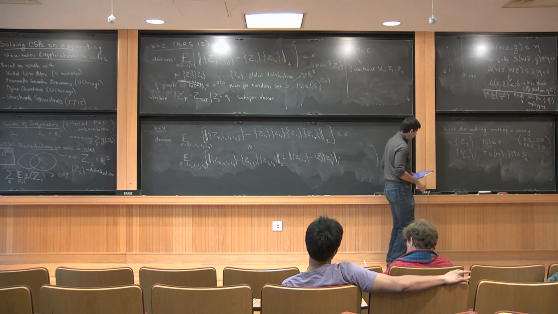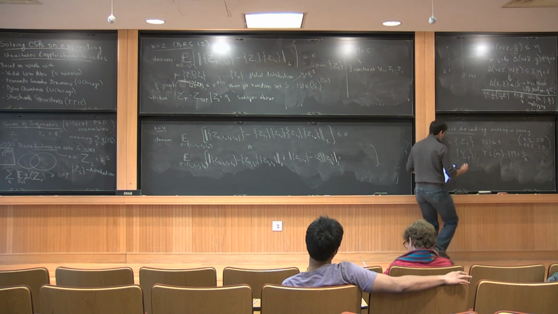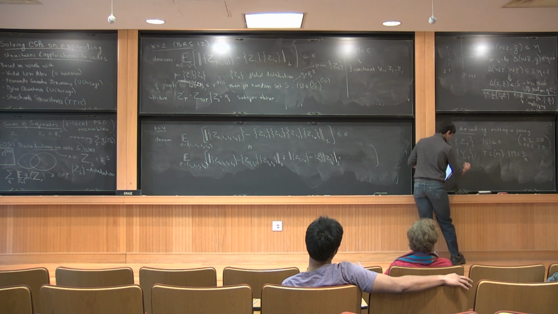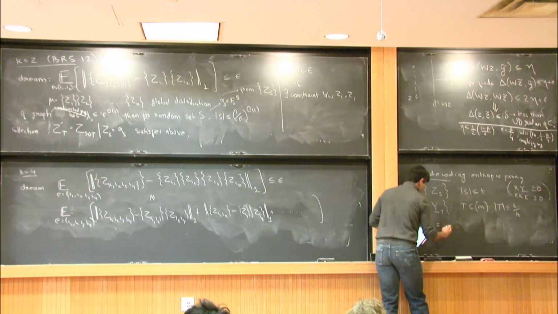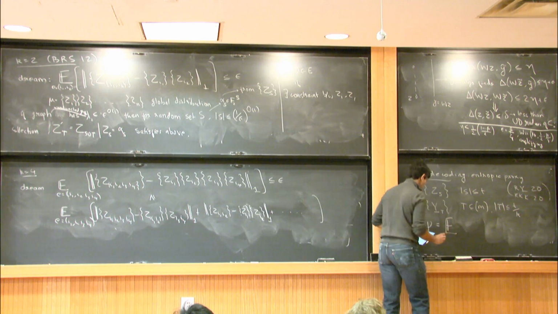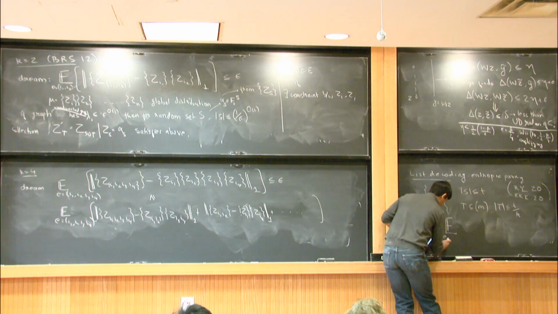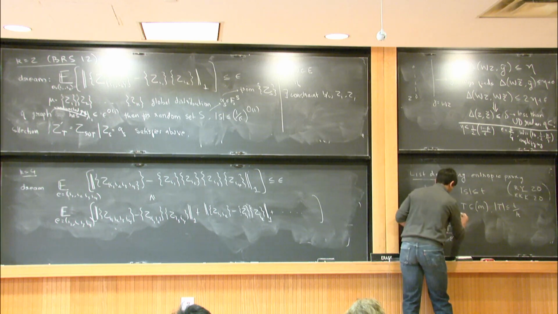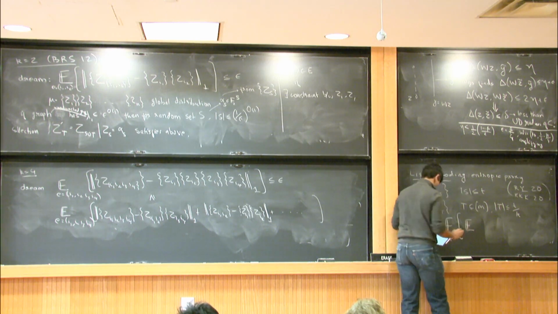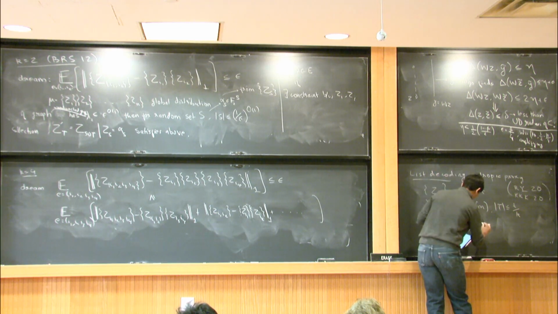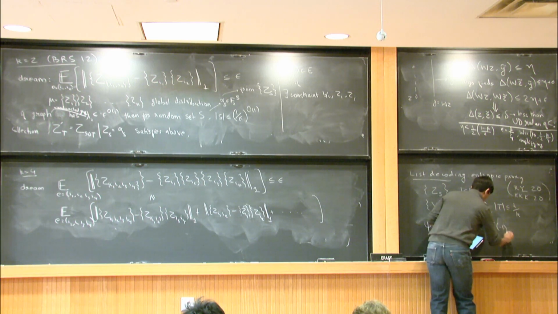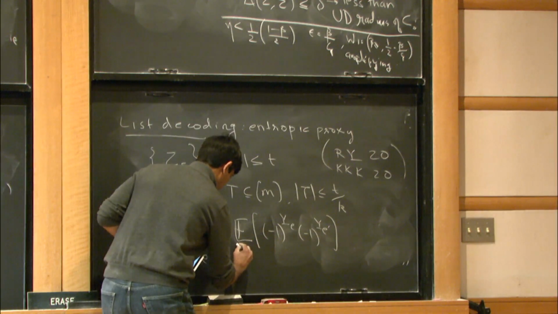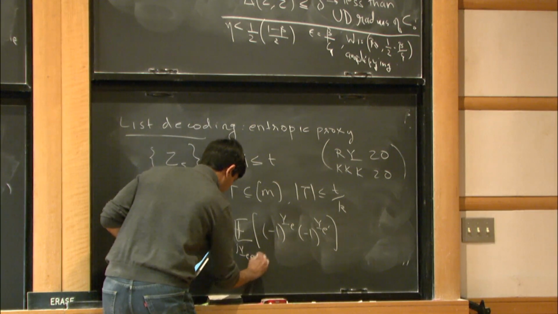And in particular, we add a term which is, where this is over the distributions for y, e, e prime.